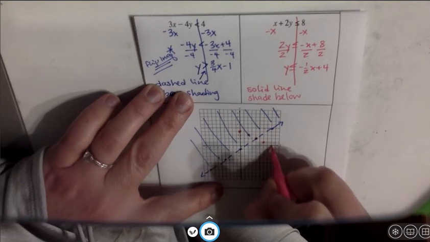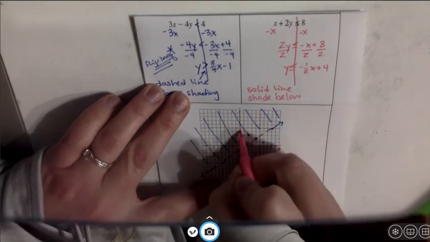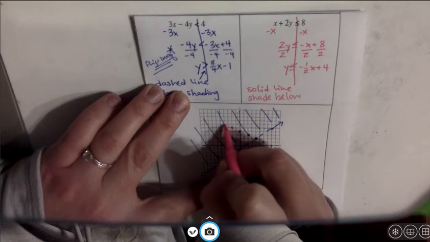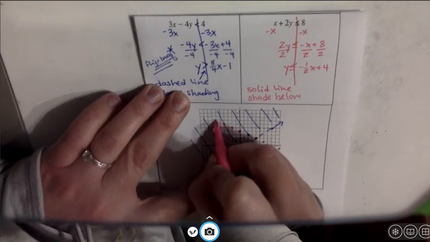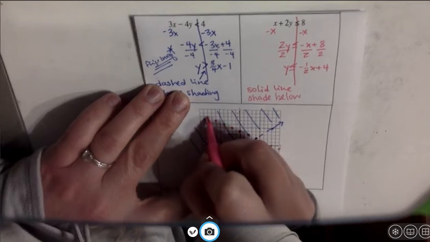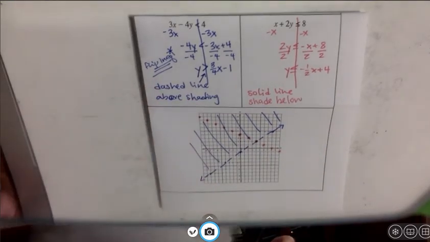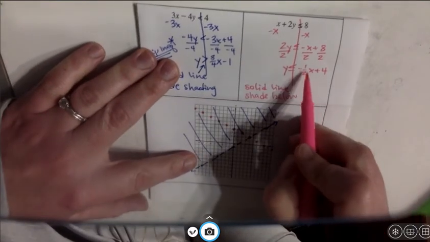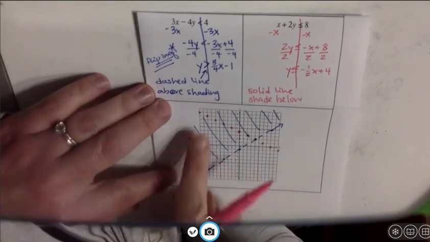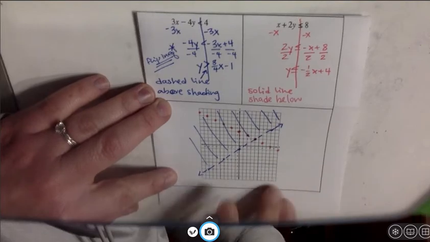It doesn't matter if you look at the rise as positive or negative or the run as positive or negative. You just need to be consistent and don't change it partway through, or don't make them both be positive or both be negative, because if you have a negative slope, you need to have a nice negative slope.